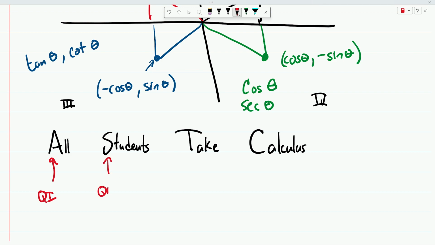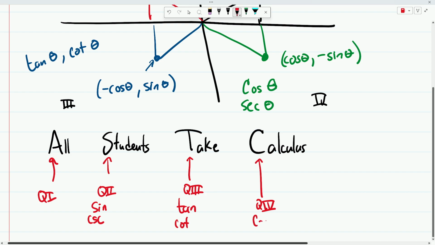In quadrant 2, your sine and then 1 over sine, which is cosecant, are positive. In quadrant 3, your tangent and cotangent. And finally, quadrant 4 would be your cosine and then your secant. They would be the ones positive.